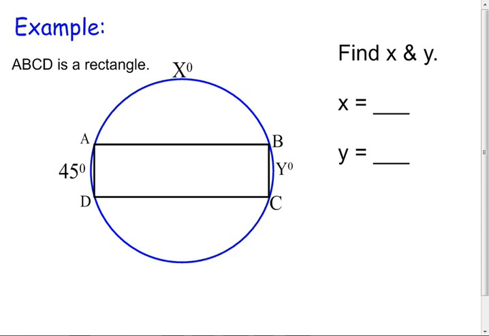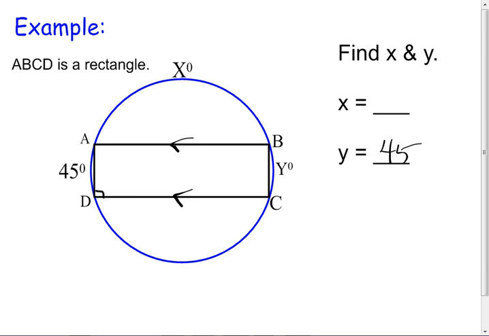How do you solve, oh, this is a rectangle, sorry. Oh, this is even easier. How big is Y? Because these are parallel, that's 45. Now, to find that arc that's X, now you know this is a right angle.